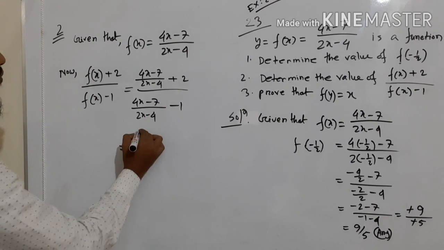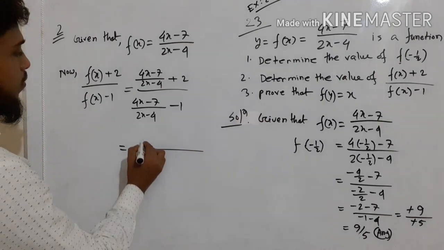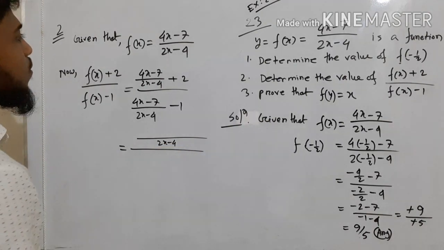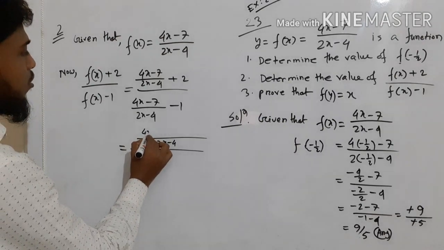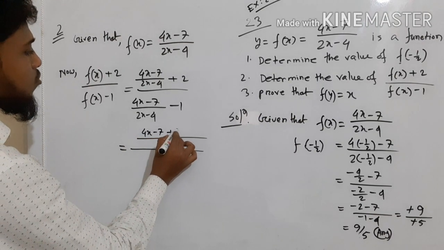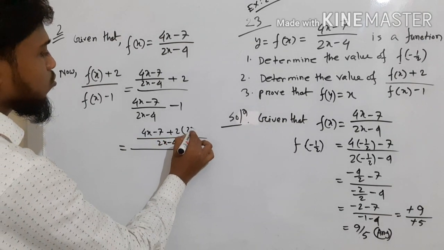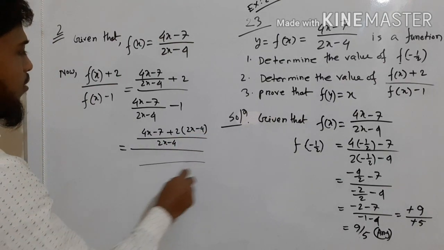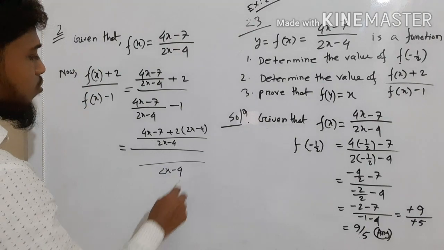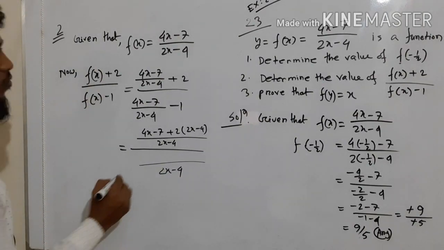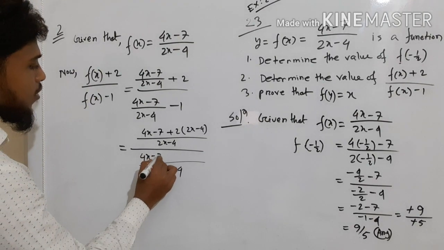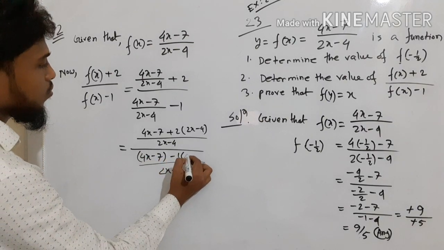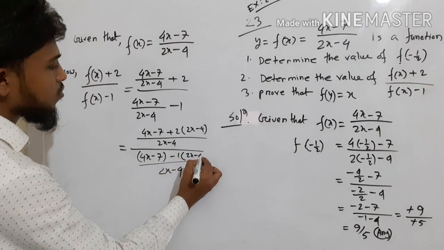So, LCM 2x minus 4. So, we can write 4x minus 7 plus 2 into 2x minus 4 divided by LCM 2x minus 4. So, 4x minus 7 minus 1 into 2x minus 4.